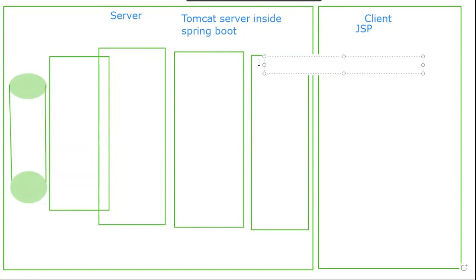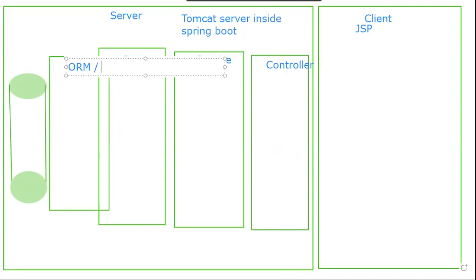So this is a controller, and this is service, DAO, and this is the ORM or JPA layer.